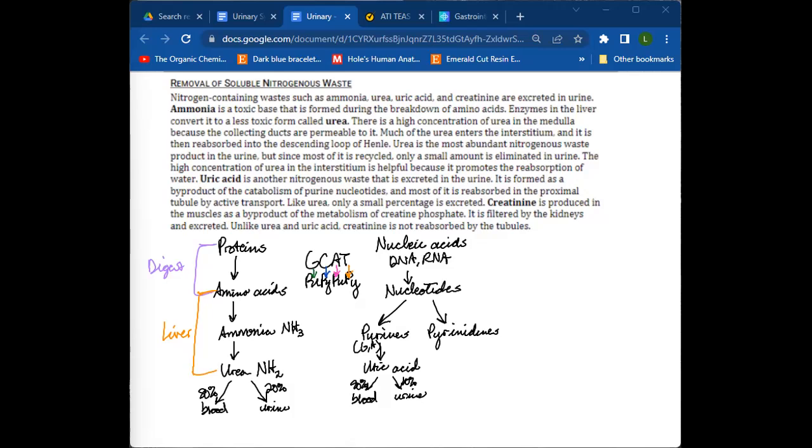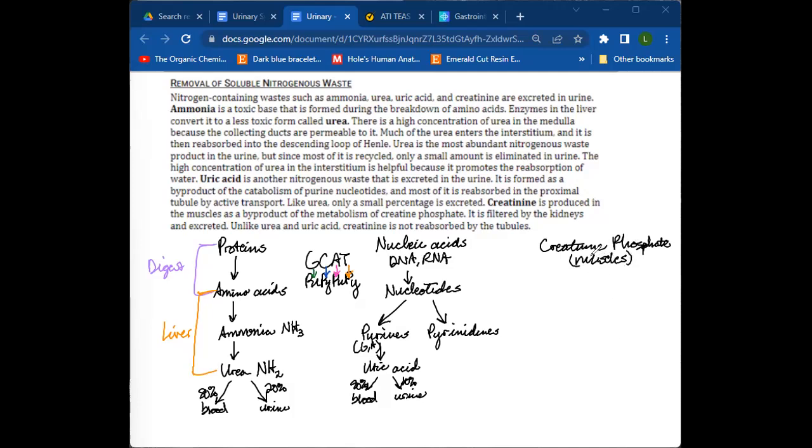Okay, now let's take a look at the last one, which is creatinine. Creatinine comes from creatine phosphate. Creatine phosphate is found inside of muscles and helps store extra energy.